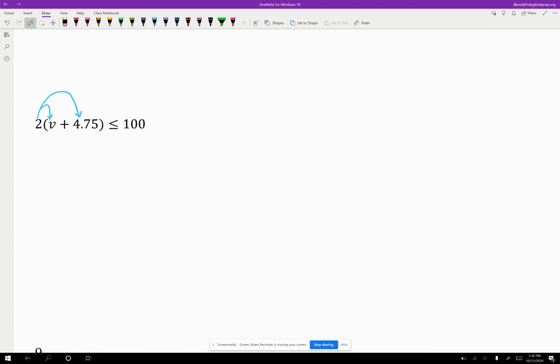So let's solve it. First step is your distributive property. So 2V plus 2 times 4.75 gets you 9.5, less than or equal to 100. And then we subtract 9.5.